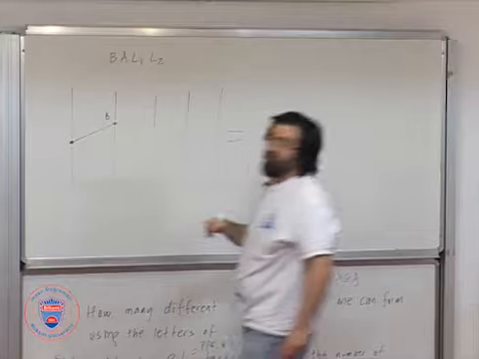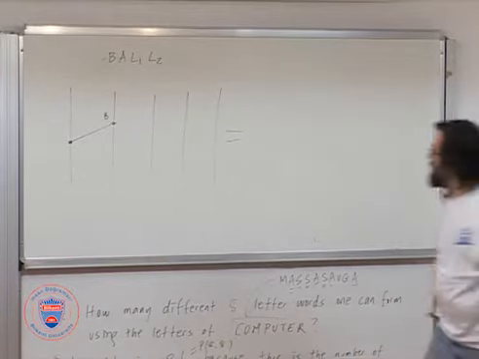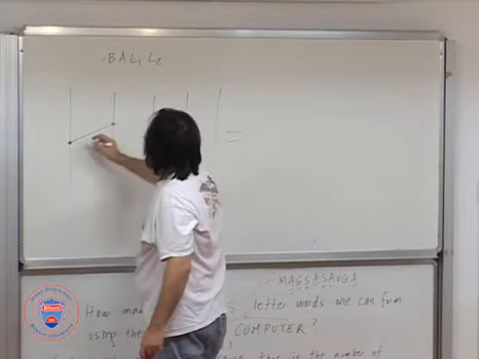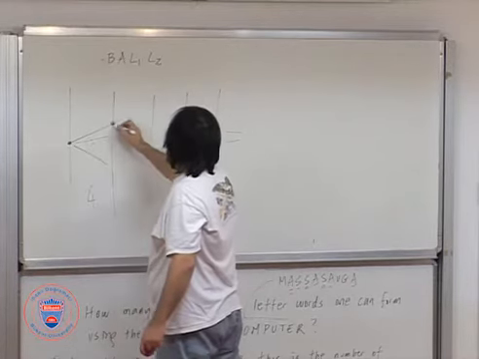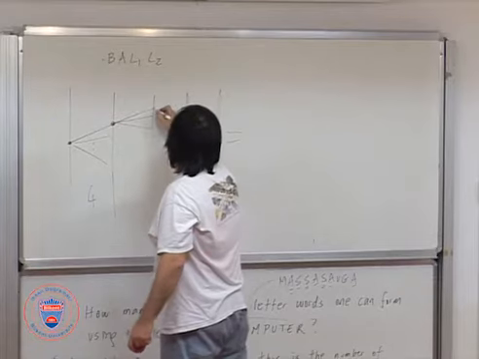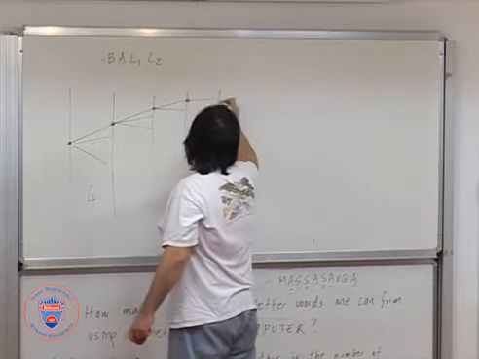You're arranging B, A, L1, L2, and the first position can be chosen 4 different ways, then 3 choices, then 2 choices, then 1 choice.